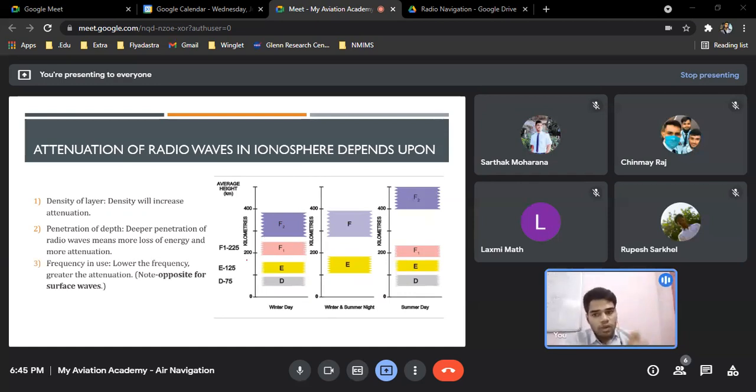Frequency in use: lower the frequency, greater the attenuation. We have understood that, but see what is here. It's the opposite of what we have understood. Till now, we have seen that the higher the frequency, the higher the attenuation. But in this case, because we are talking about the ionosphere, we are having the opposite. Lower the frequency, greater the attenuation in this case.